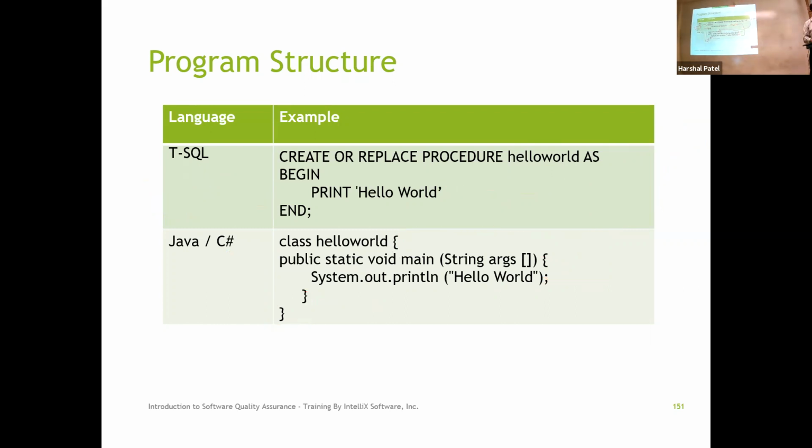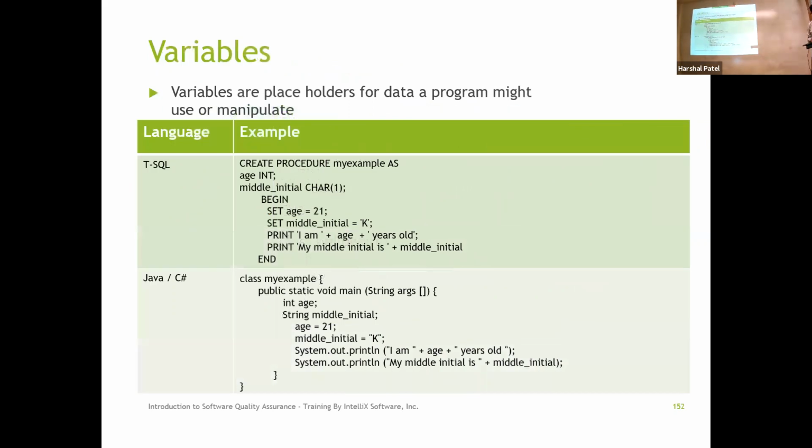Okay. Let's take another example. Same two languages, Transact SQL and Java C#. Here you have a temporary memory storage or placeholders that will be used to manipulate the data as you go to compute it. Right. So if you look into it here, there are two things defined.